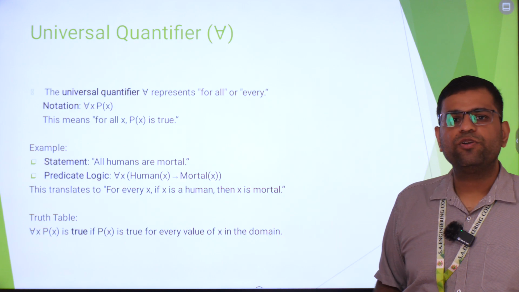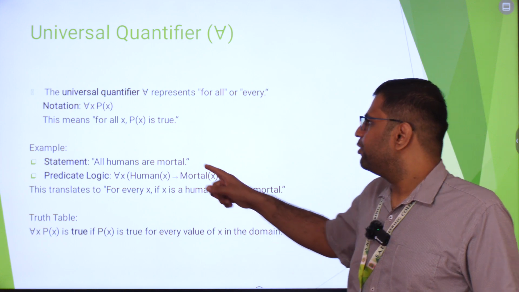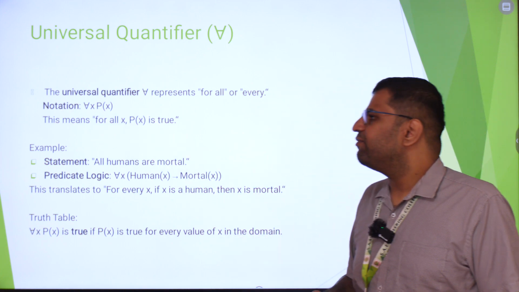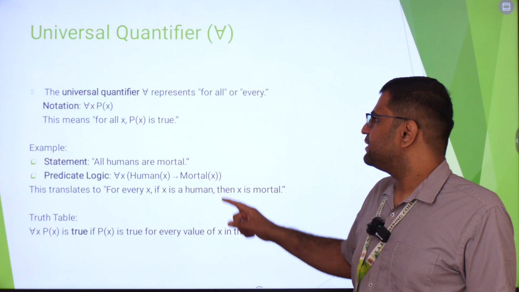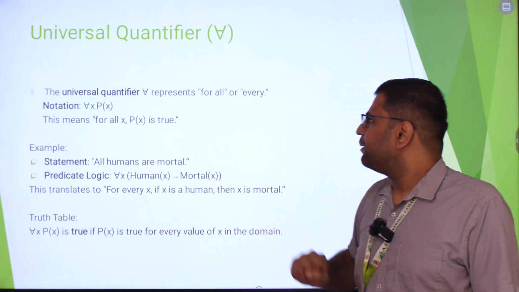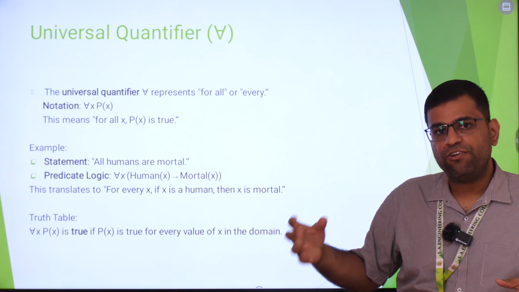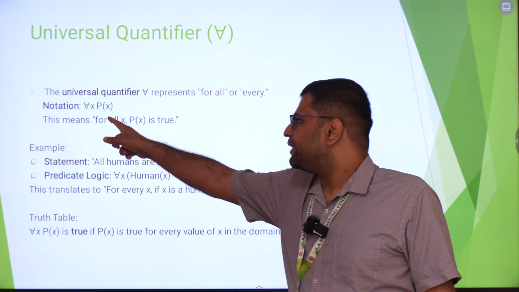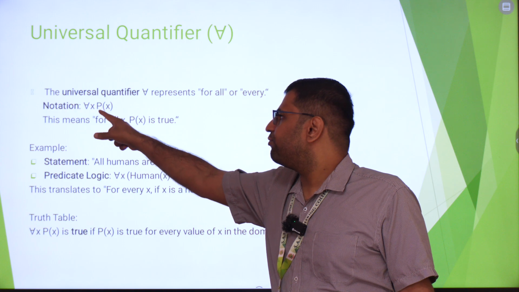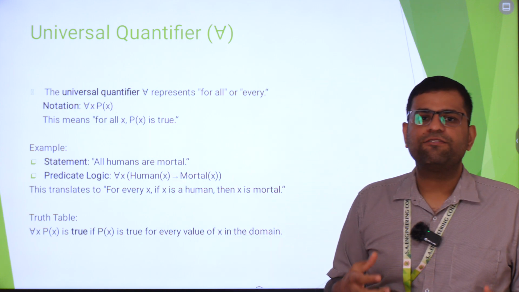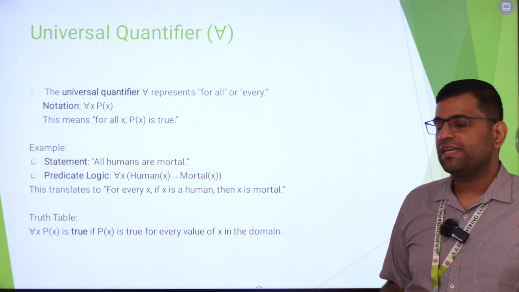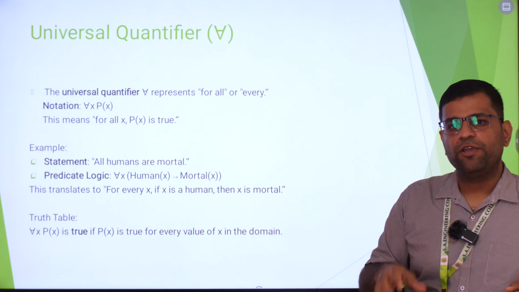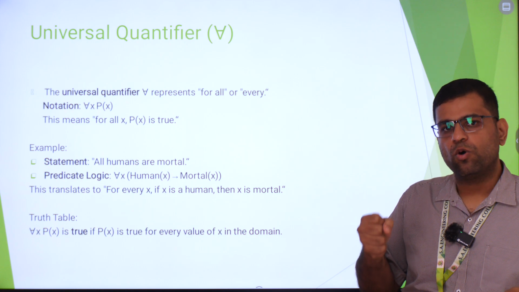So let's see the universal quantifier, which is denoted by this symbol, an inverted A, and it basically represents "for all" or "for every" value. The notation is: for every value of x, P of x. P of x is the function which accepts x, and the universal quantifier says that for every value of x, P of x should be true, or P of x holds true.